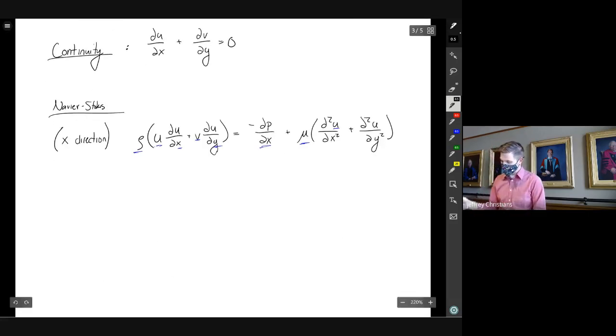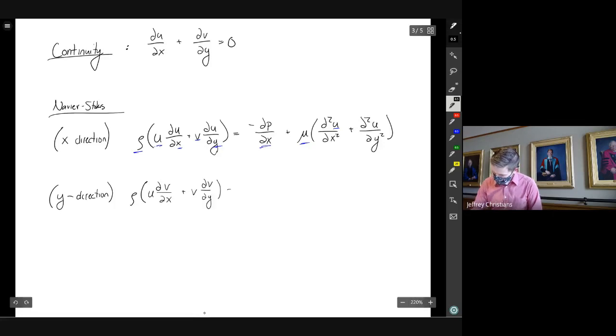Before we do that, though, let's look at, okay, so that's the x direction. This would be the y direction. And we'll look at this because it would be very similar. This is u dv dx plus v dv dy, because the y dimension maybe has gravity in it too, for example.